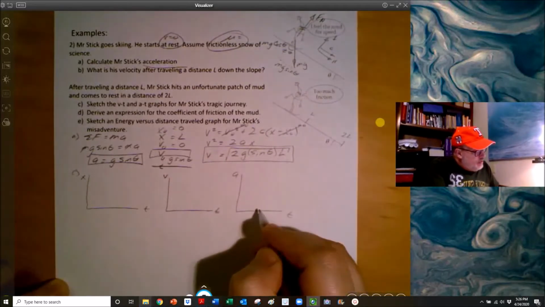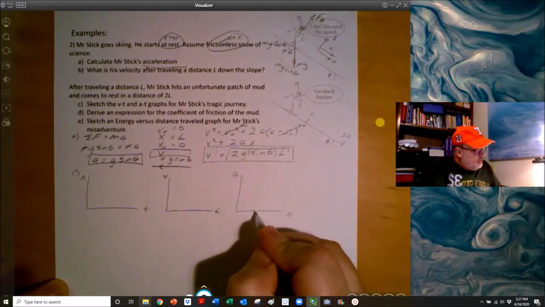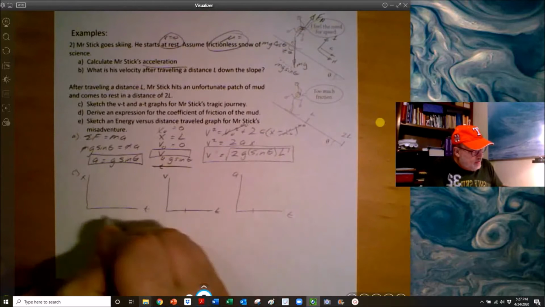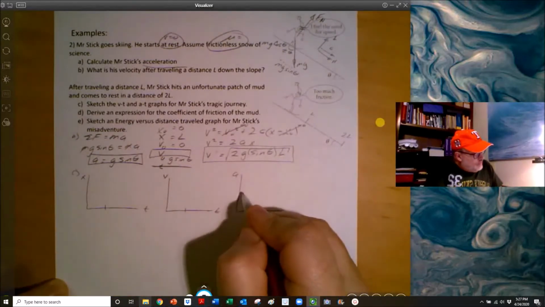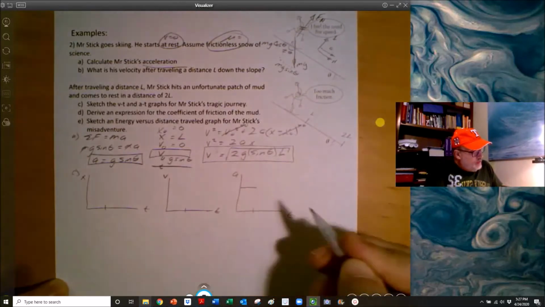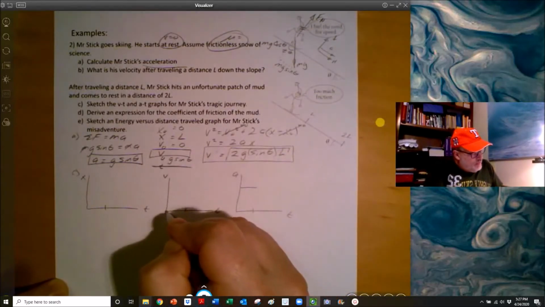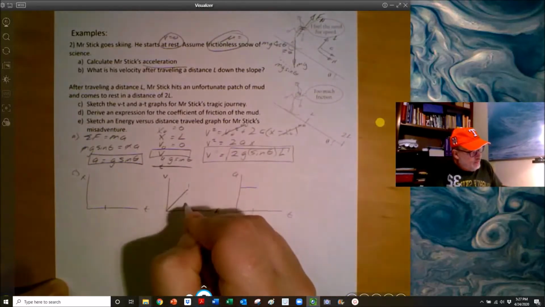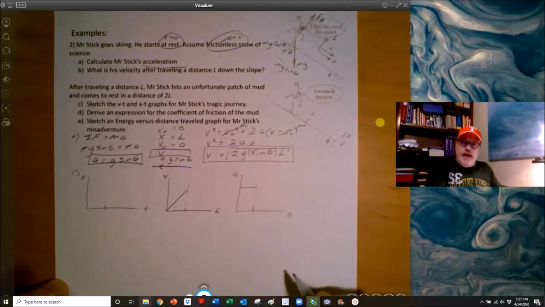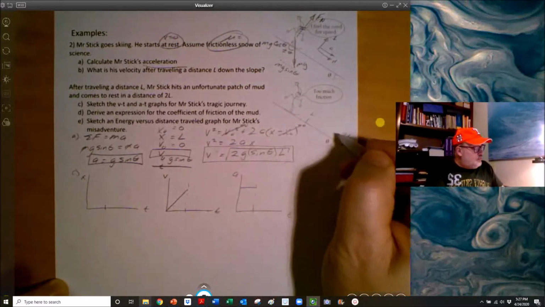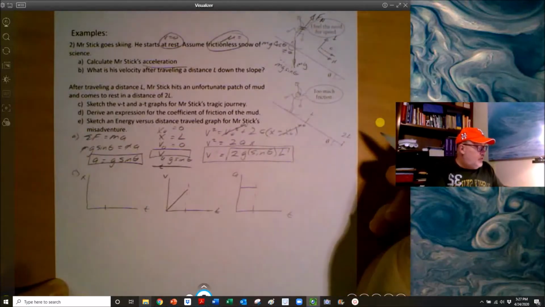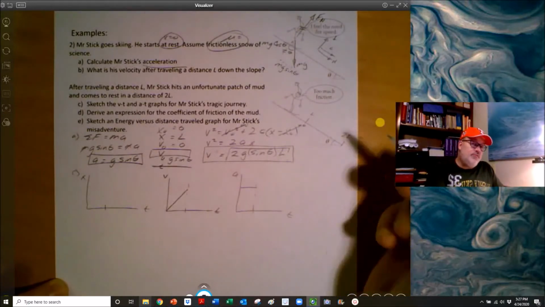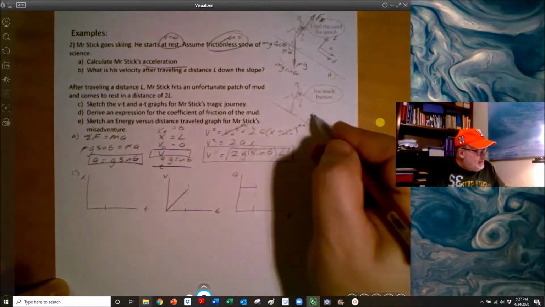And here, we're going to have a certain amount of time. It's going to be less than the time that he was accelerating forward. So he's going to be accelerating forward, which means we're going to have a positive slope up like this to this point. And then he's going to slow down, and he travels twice as far, so the acceleration must be less, but it's in the negative direction.